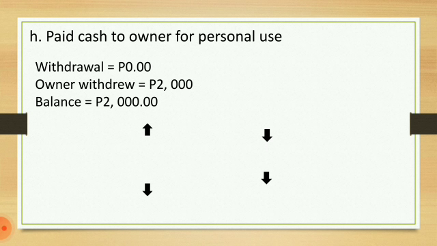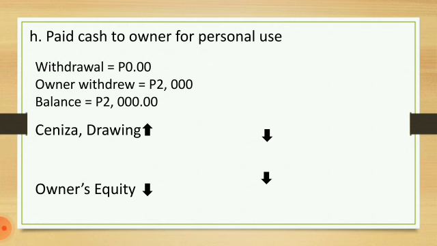And then let's imagine that today the owner withdrew 2,000 pesos. So from the 0 balance of withdrawal, and then he withdrew today, it became 2,000 pesos. So obviously the withdrawal is increased.